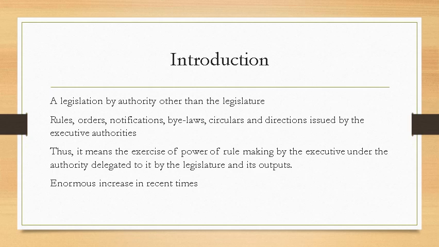But here there is one thing which you need to understand as a key word, and that is authority other than the legislature. And these are generally executive in nature. So it means the exercise of the power of rule making by the executive under the authority delegated to it by the legislature, and its outputs. When I am talking about outputs, I am talking about these kinds.